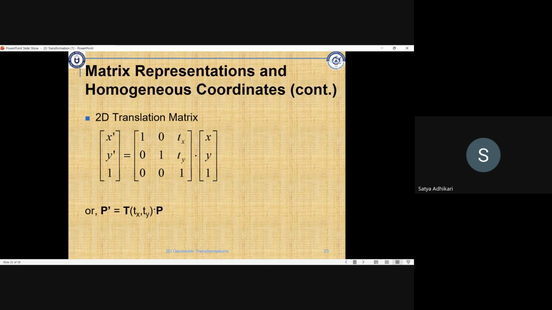So 1 equal to 1. So now I am able to represent a 2D translation matrix into a 3D one.